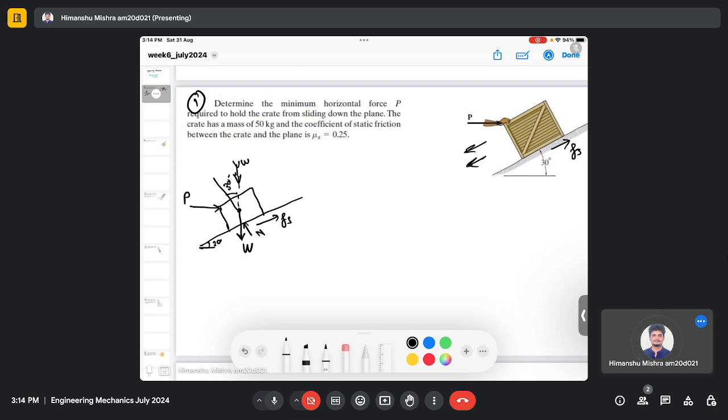Now we can take the summation of force. So let me first define my coordinate axis. This is my x and this is my y.